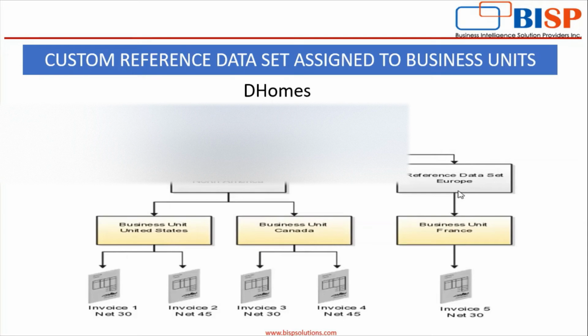Here, North America and Europe cannot use common reference data sets. So we have to create two different reference data sets. One reference data set will consist of payment term of net 30 days, and the other reference data set will consist of both 30 days and 45 days, and we will assign respectively.